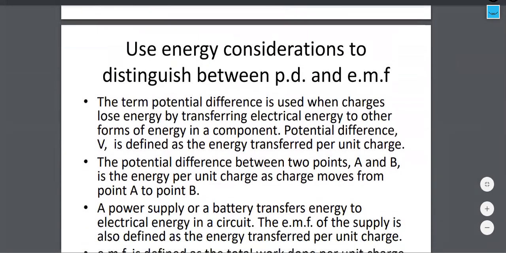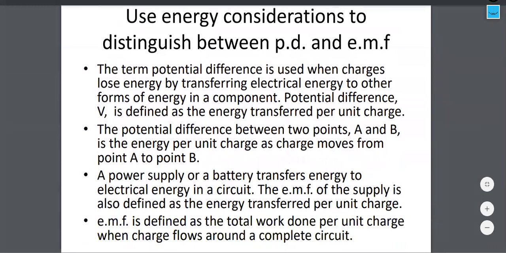This is really just a restatement of a lot of those bullet points, with this learning objective. The other energy consideration is this: when we convert other forms of energy into electrical energy, that's EMF. We used to think it was an electromotive force, a force that was moving electrons, but it's not a force, it's a voltage.